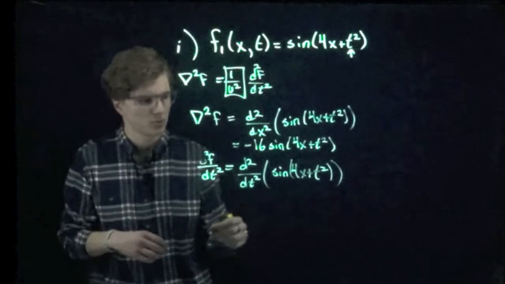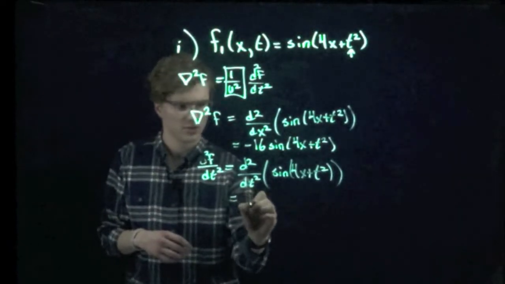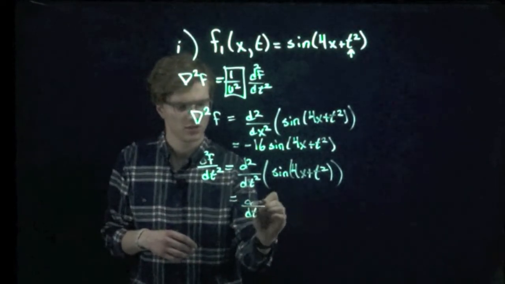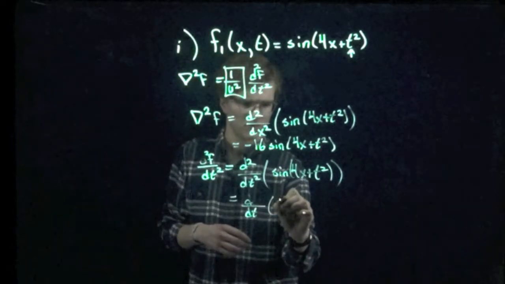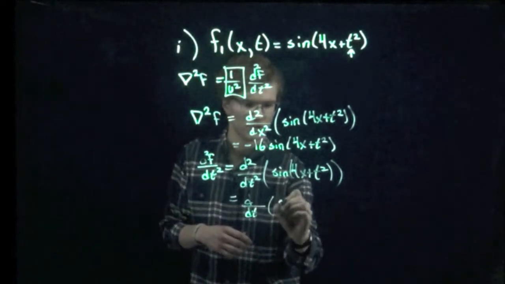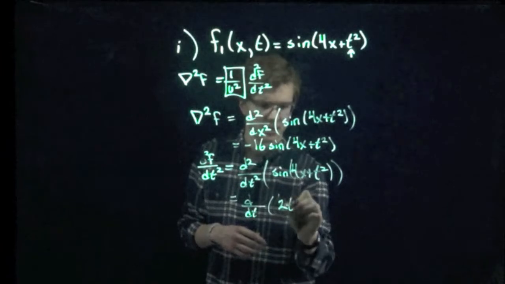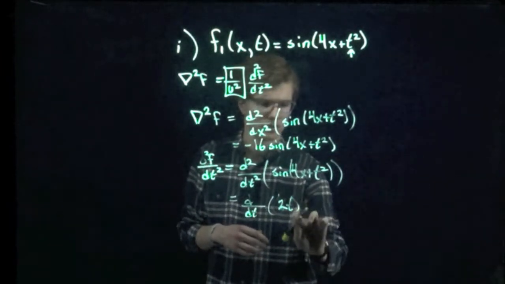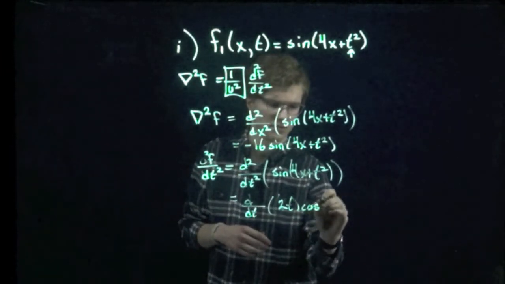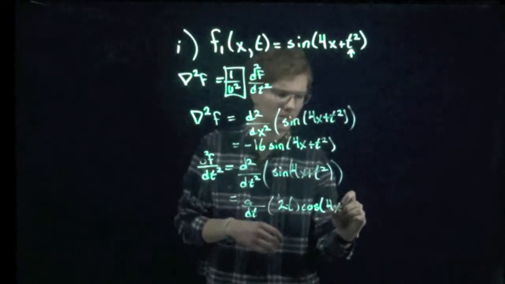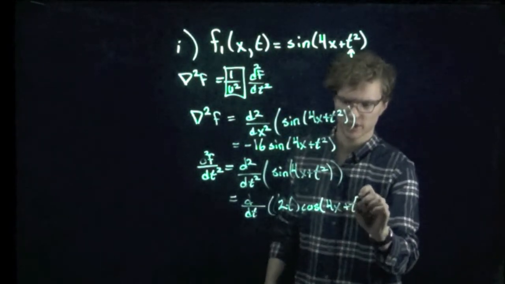That's going to be equal to d squared over dt squared of sine of 4x plus t squared. Here we have to use the chain rule, so I'm going to go through it one derivative at a time. The first derivative with respect to t gives 2t times cos of 4x plus t squared.